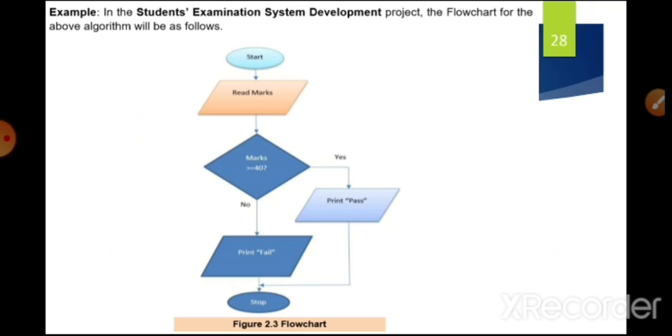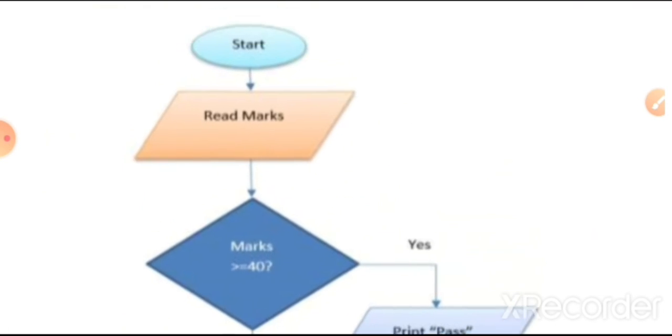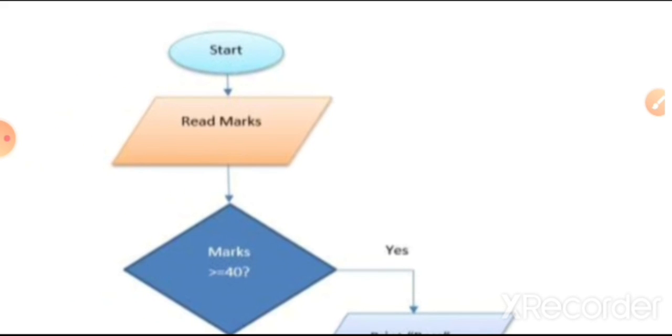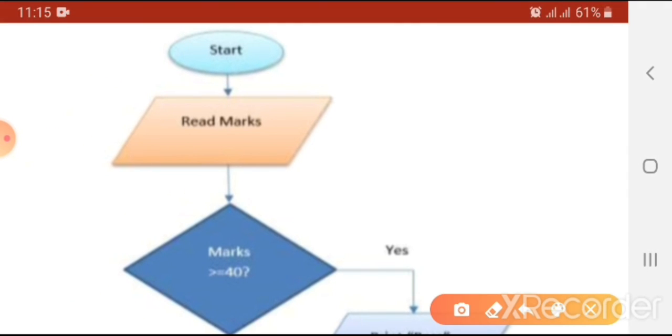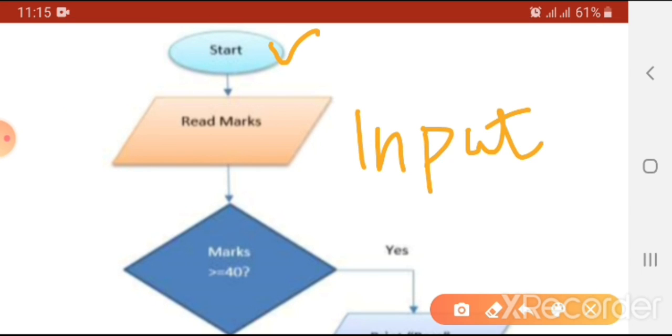Now here, if we can see in detail, is the flowchart for the algorithm that we discussed. We will go through it. First of all, start, then we are taking the marks from the end user as input, as it is input, so that's why we have used this parallelogram shape.